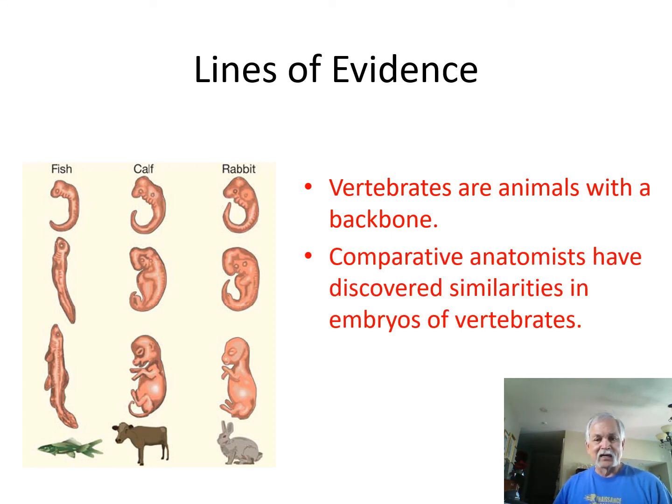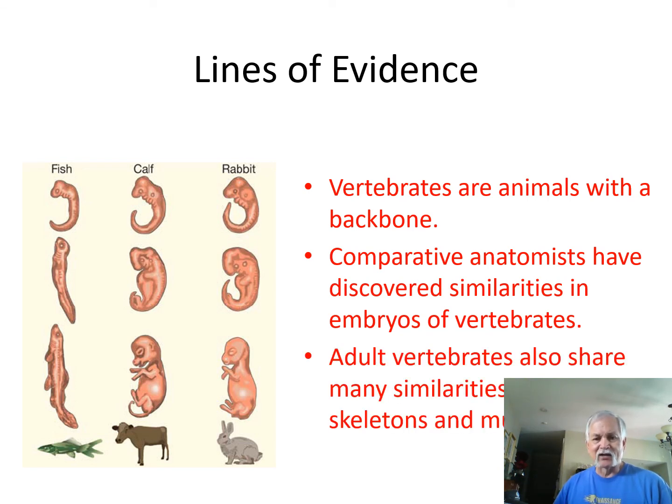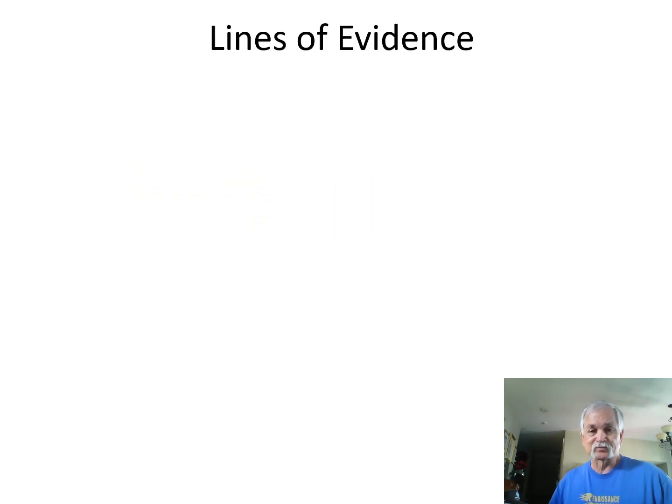However, as we compare these, we find out that as adults, they have many similarities in their skeletons and in their muscles. So there are certainly similarities between a fish and a rabbit that you wouldn't think of until you go back and you look at their initial development. So we call this embryonic evidence.